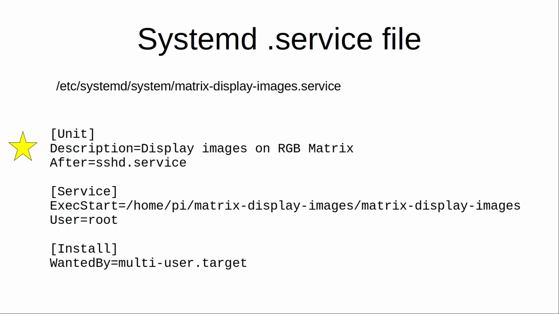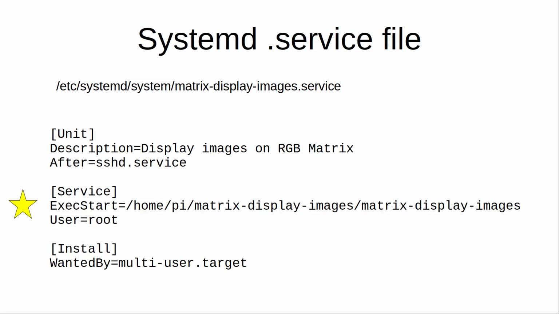So it works quite well for this to wait until after SSH is started first. If you have any other requirements, then there are different instructions which can be used, such as Before, which ensures that this starts before another service, or Requires, which creates a stronger requirement dependency. The after instruction is sufficient here.